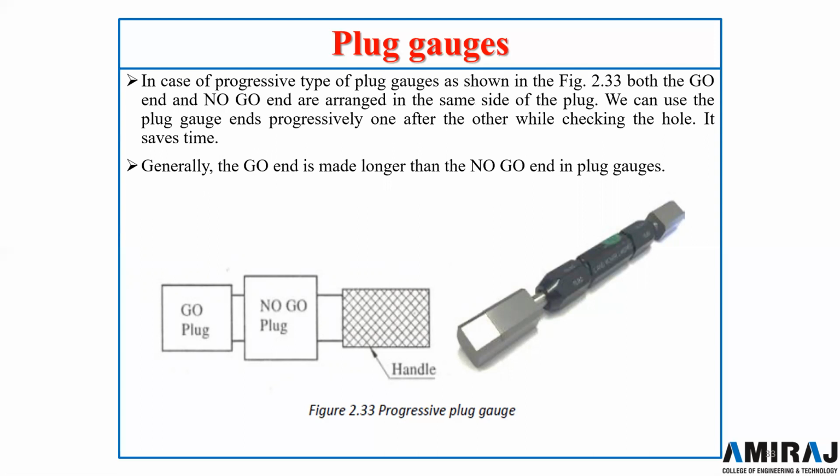Generally, the go end is made longer than the no go end in plug gauges, but this is for the progressive type, where both are provided on the same side. The go gauge should go inside and the no go gauge should not go inside.